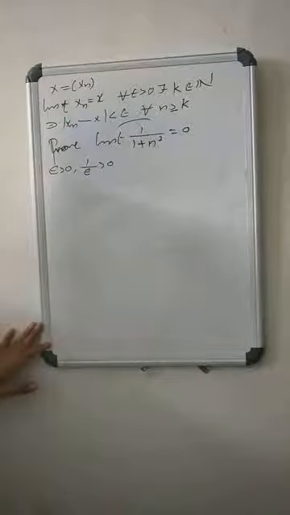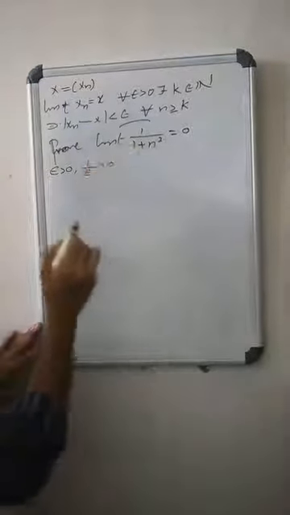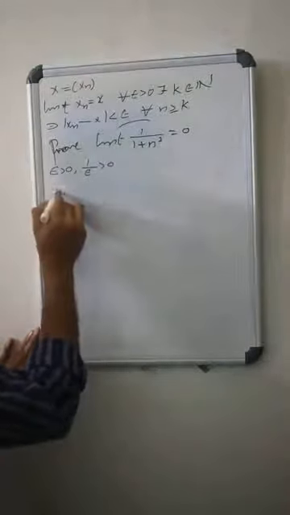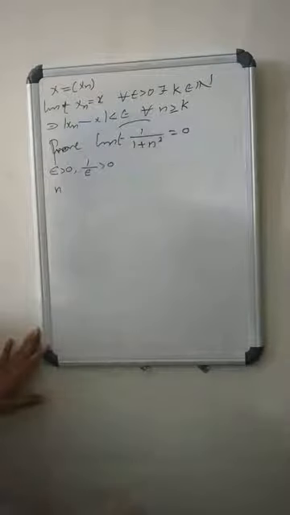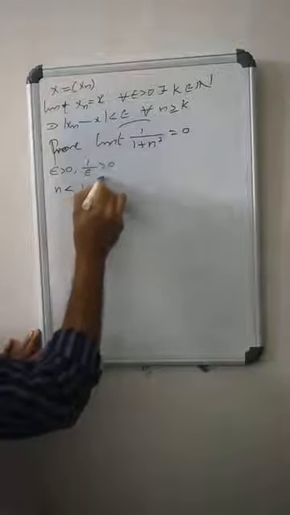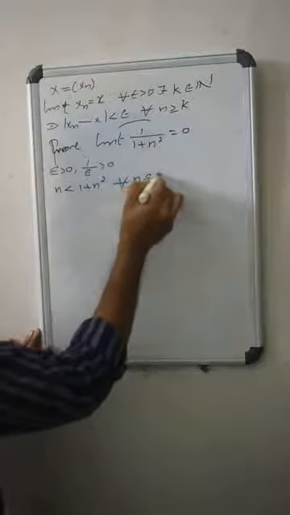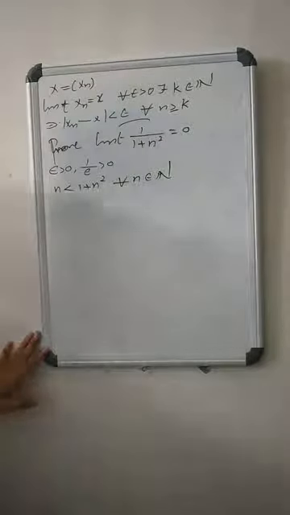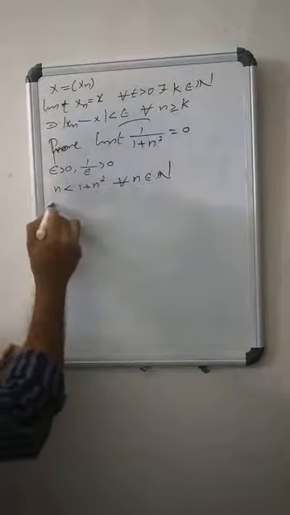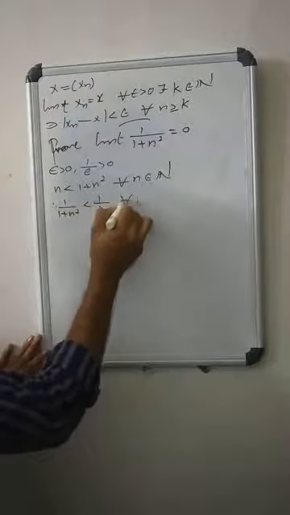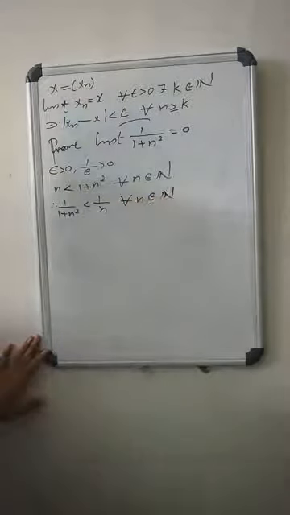Now, what is 1 by 1 plus n square? We have n less than 1 plus n square, or n square plus 1, for all n in the natural numbers. It is true for every n. Therefore, 1 by 1 plus n square is strictly less than 1 by n for all n in the natural numbers.